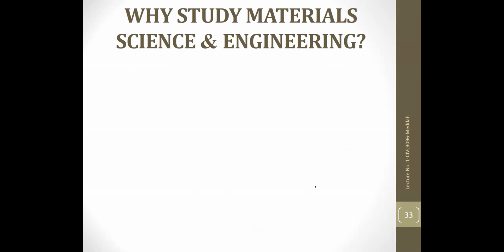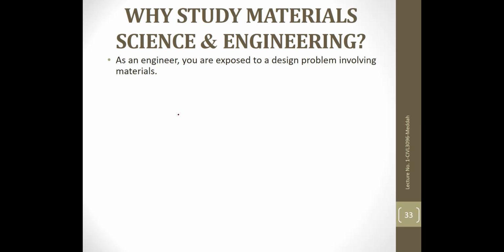So why study materials science and materials engineering? Of course, I think after all we have said, you can get at least a very summarized and a very clear idea why you need to study materials science and materials engineering. As an engineer, you are exposed to design problems involving materials.